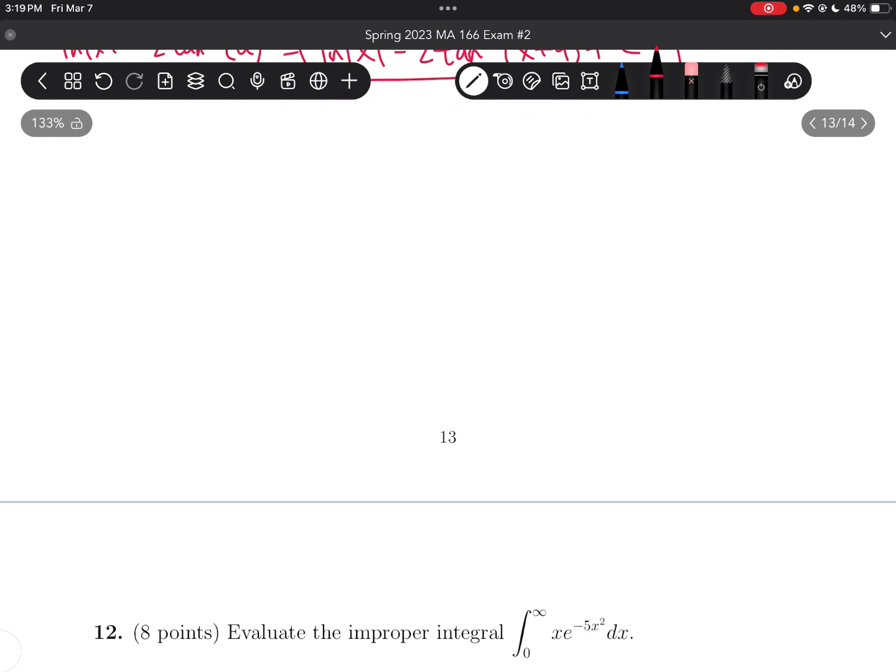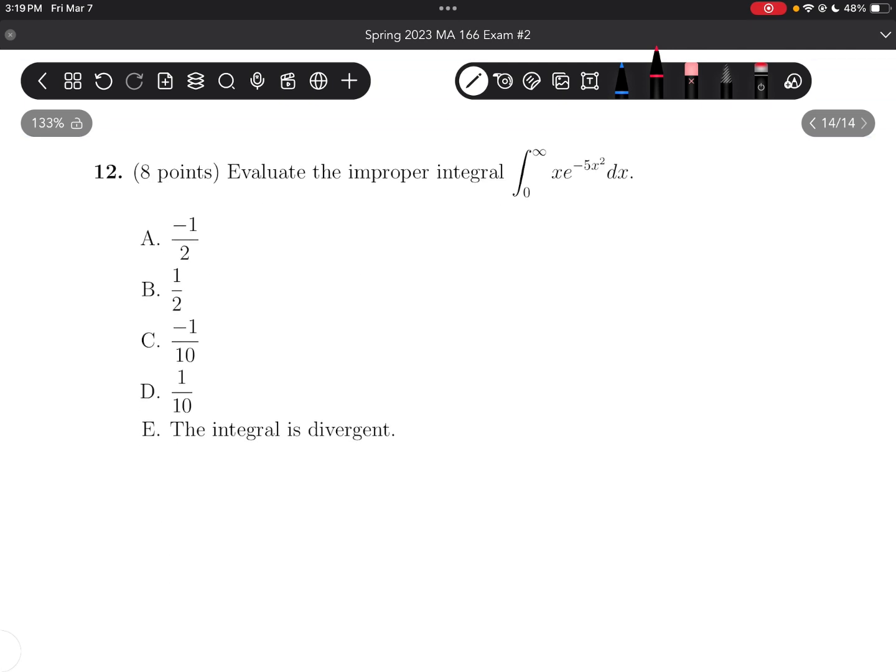Alright, moving on to problem 12. Okay, problem 12 says evaluate the improper integral from 0 to infinity of x times e to the power of negative 5x squared times dx. So the first step here is let's get rid of this infinity.